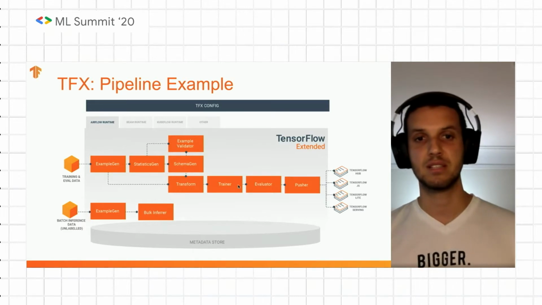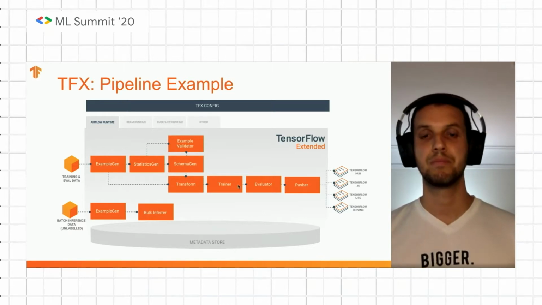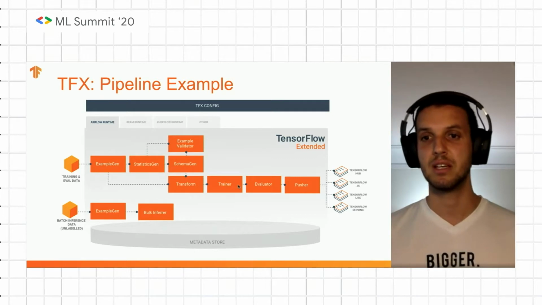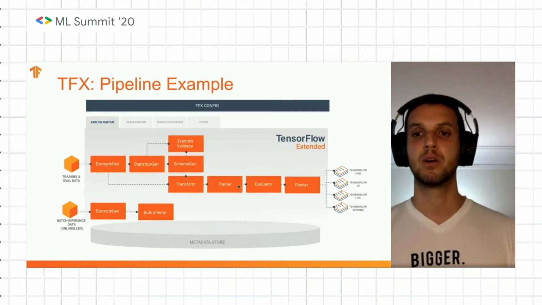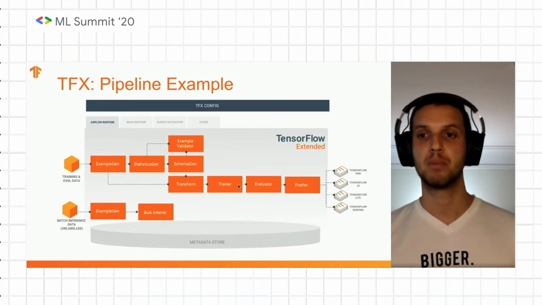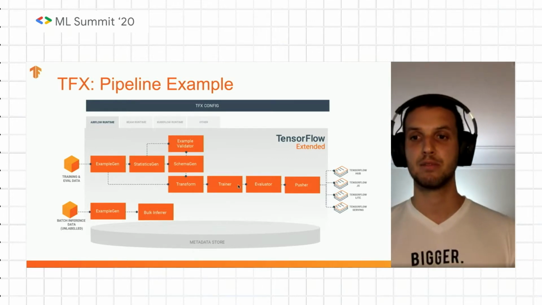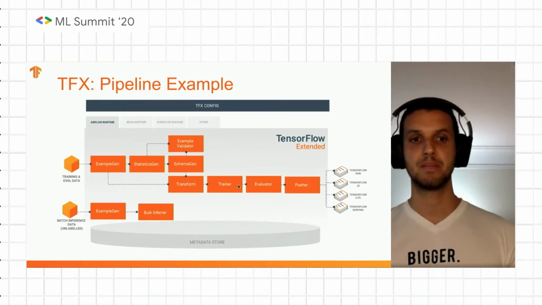Next, we have StatisticsGen, followed by ExampleValidator, SchemaGen, Transform, Trainer, Evaluator, and Pusher. As we can see here, we can push our trained model to many endpoints like the TensorFlow JS system, the TensorFlow Lite platform, and TensorFlow Serving.